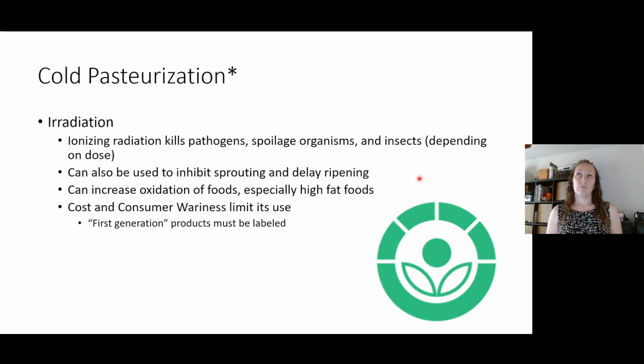And it is a good thing that they are irradiating commercial spices, because it does reduce pathogens in those spices, and spices can be a major source of pathogens in food. But I will say the ones that you get at the grocery store are not irradiated, because nobody wants to take that first step and have to put this symbol on foods that they are selling to consumers right now.